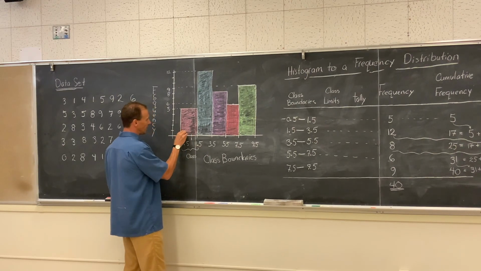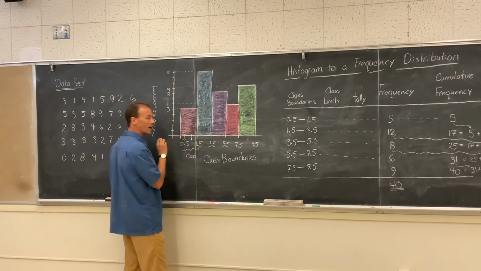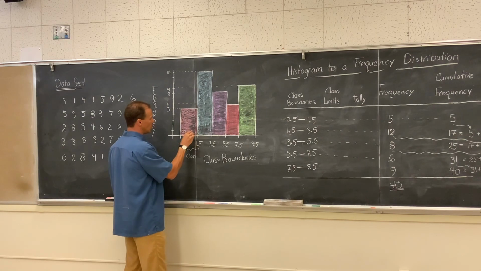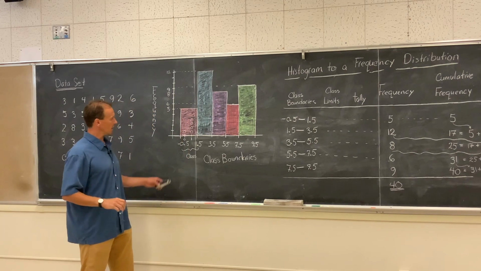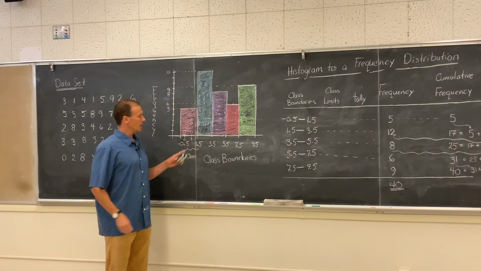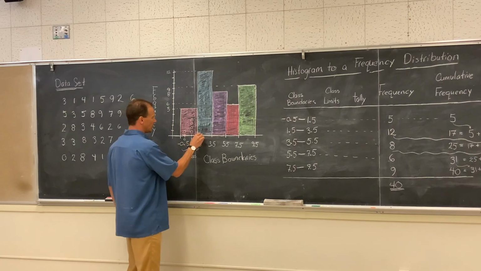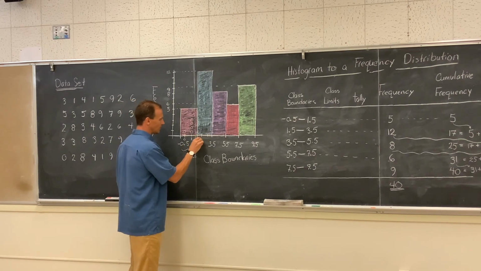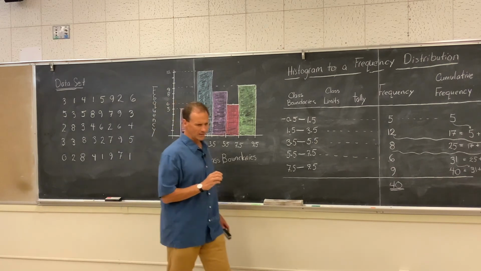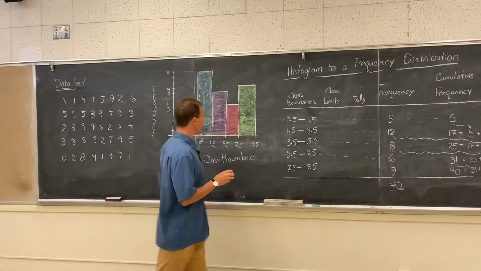Our data set had 1 dot over 0, and it had 1, 2, 3, 4 dots over 1. And then if we looked at our next bin, and let me double check here at 2, at 2, we had 5 more dots.